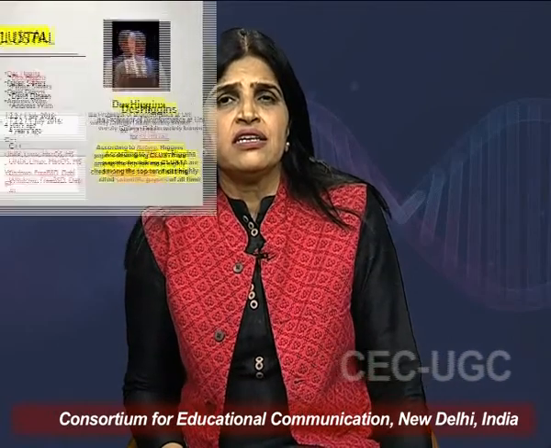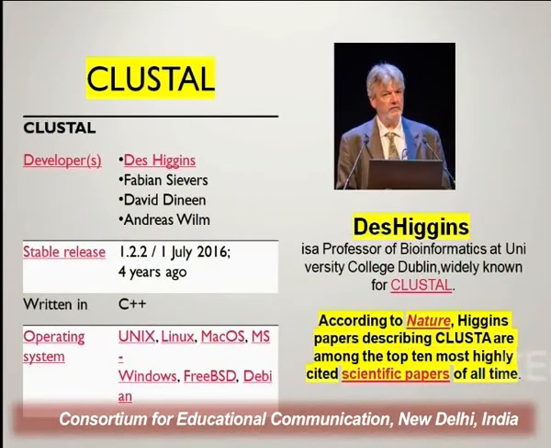And here is a little bit of information about Clustal. Clustal was described by the scientist Des Higgins. This is his picture, and the best thing about Clustal is that it performs multiple sequence alignment, and it came out quite in the beginning.